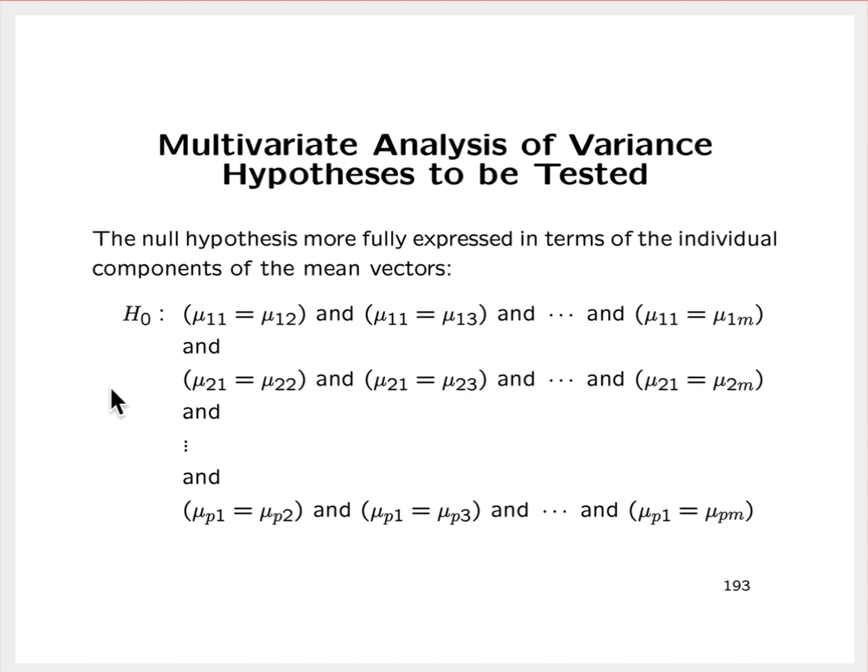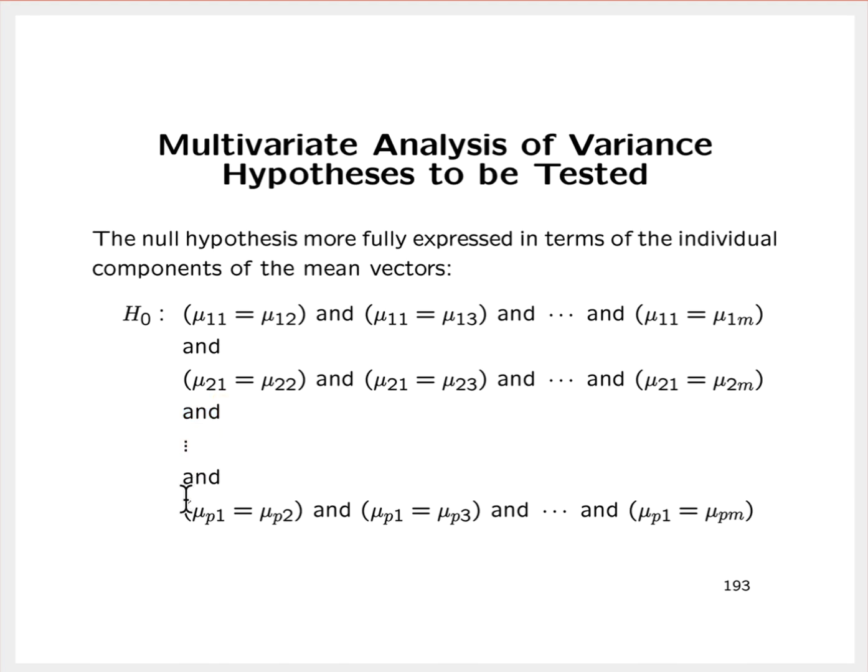The null hypothesis, the original null hypothesis, and the null hypothesis in the previous setup is equivalent to the following. That mu sub 1,1 is equal to mu sub 1,2, and mu sub 1,1 is equal to mu sub 1,3, and so forth, all the way out to the mth population, mu sub 1,1 is equal to mu sub 1m. That's logically connected with an and to the following as well. So mu sub 2,1 is equal to mu sub 2,2, and mu sub 2,1 is equal to mu sub 2,3, and so forth out to, and mu sub 2,1 is equal to mu sub 2m.